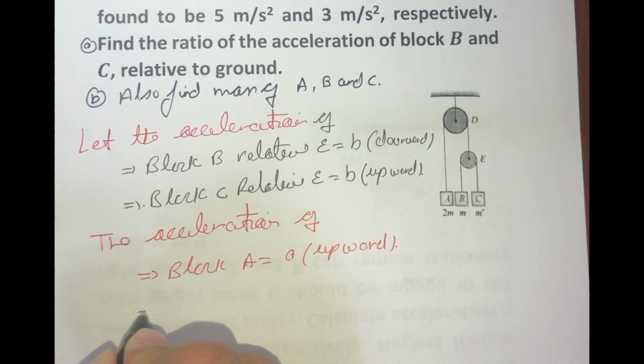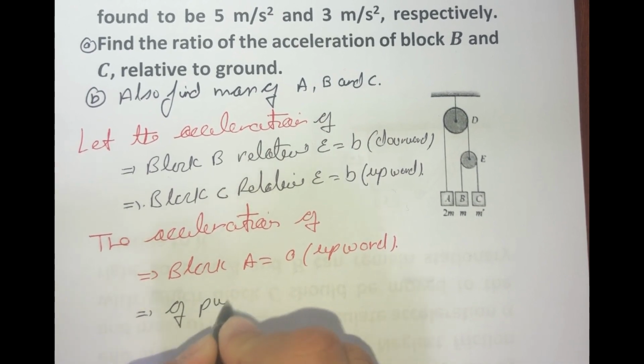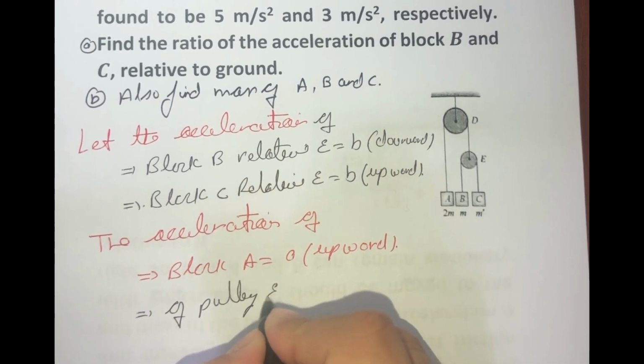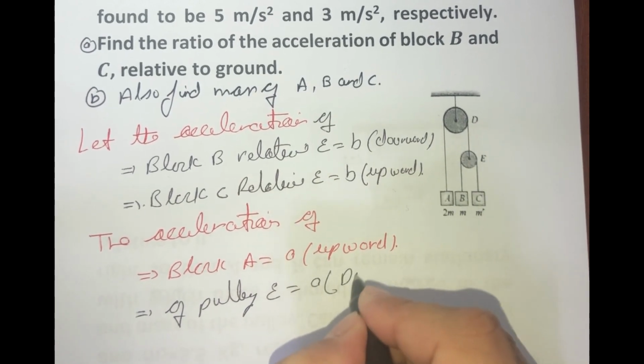You can say the acceleration of pulley E will be a downward.